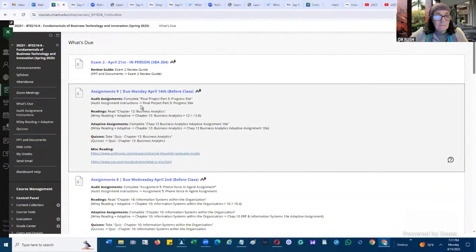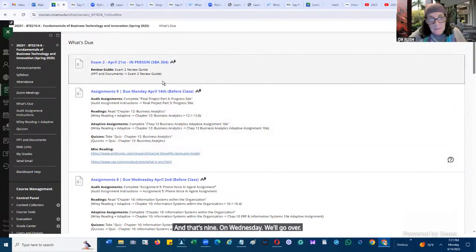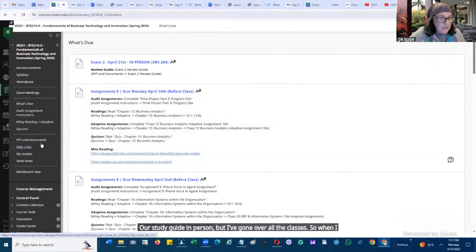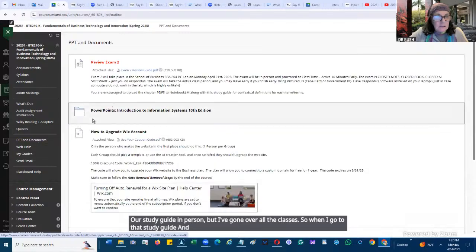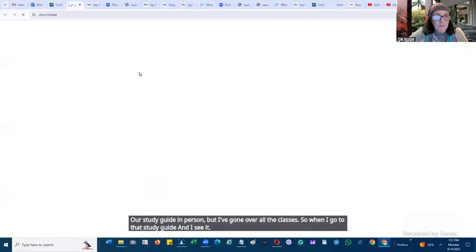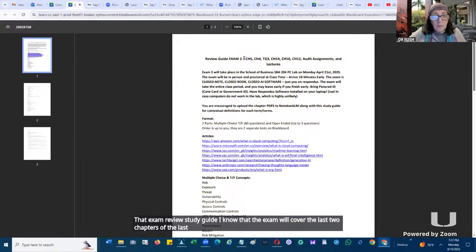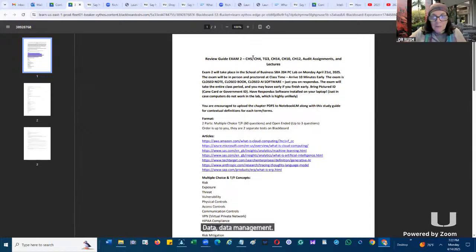And that's chapter 9. On Wednesday, we'll go over our study guide in person, but I've gone over all the classes. When I look at that exam review study guide, I know that the exam will cover the last 2 chapters of the last exam, which were very important, which were data management systems.